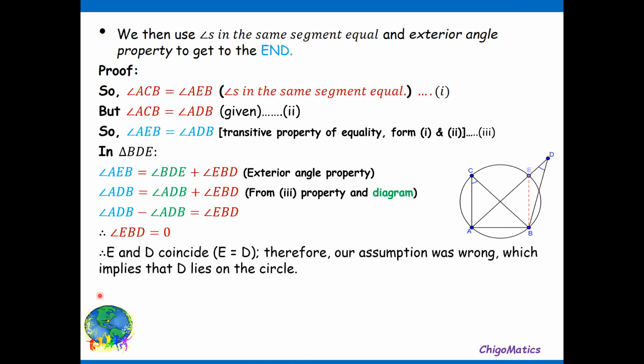So at the end of the day, E and D coincide. That means E equals D. Therefore, our assumption was wrong, which implies that D lies on the circumference, which is the circle. Thus, A, B, C, and D are concyclic. Proof is complete.